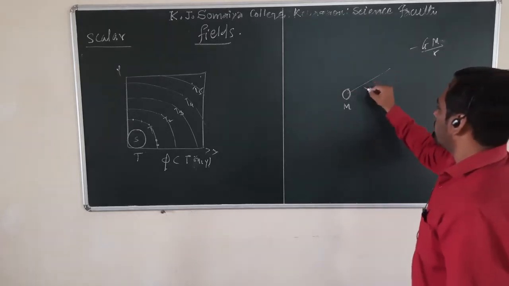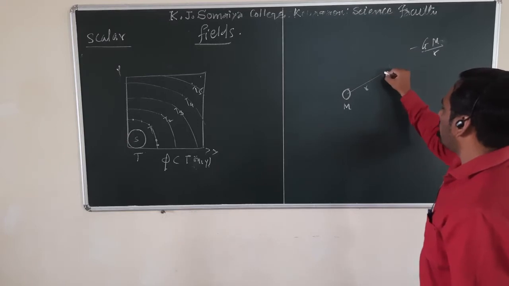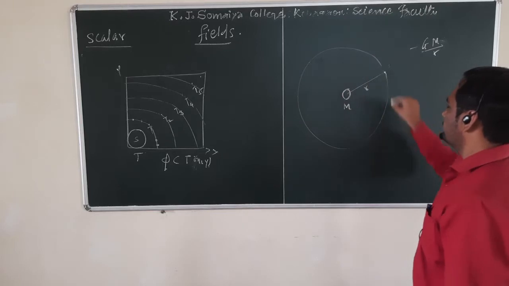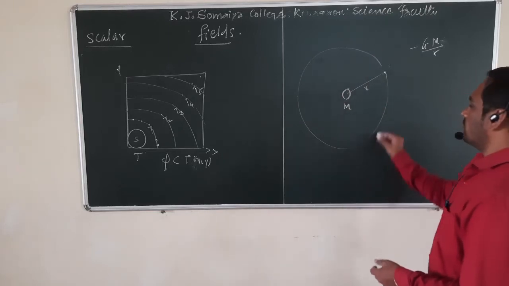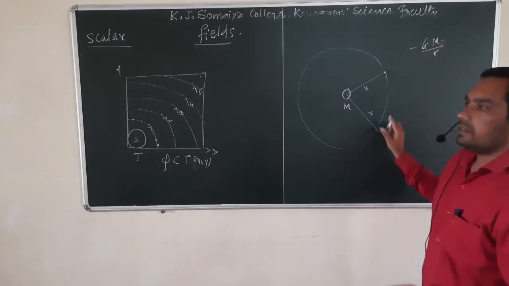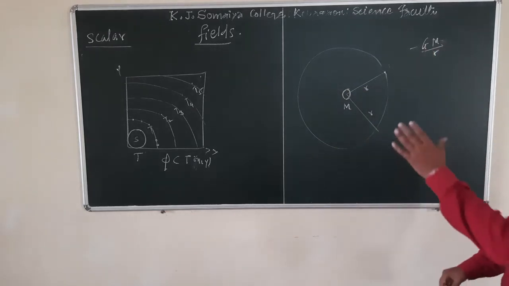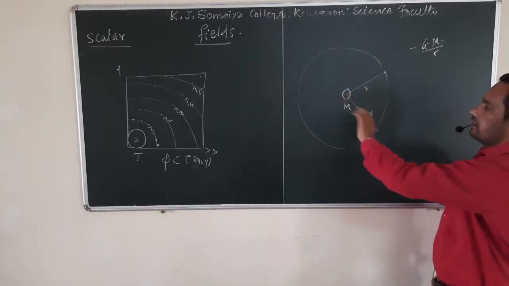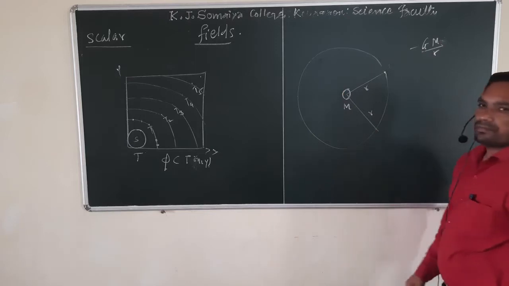If you take r at this point, we can draw a circle. On this circle r is constant, so gravitational potential is constant. In 3 dimensions you can take a spherical shell. On that shell gravitational potential is constant.